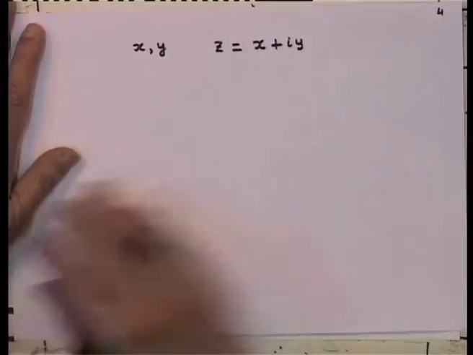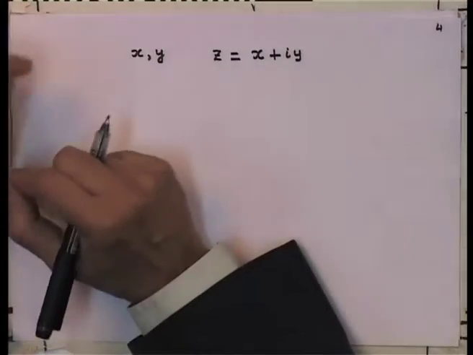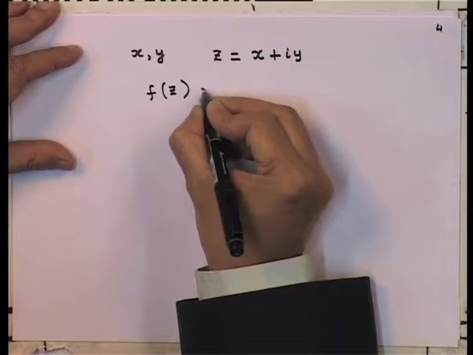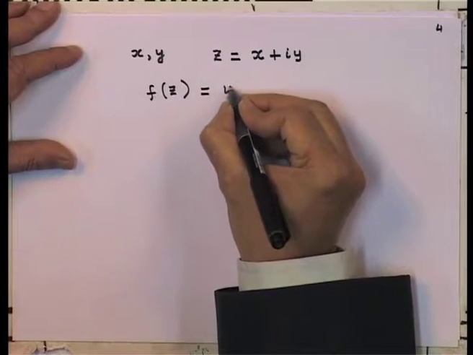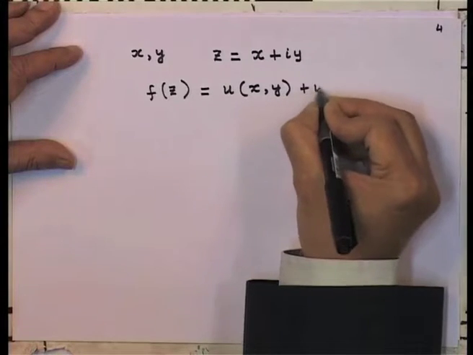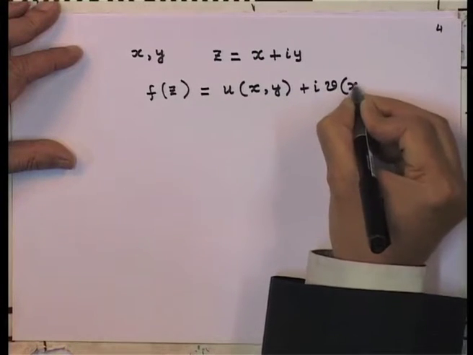Now, when I look at the functions of x y, if I am talking about a complex variable, they then become functions of z, and this will be written as a real part, which is u depending on x y, plus I times v depending upon x y.